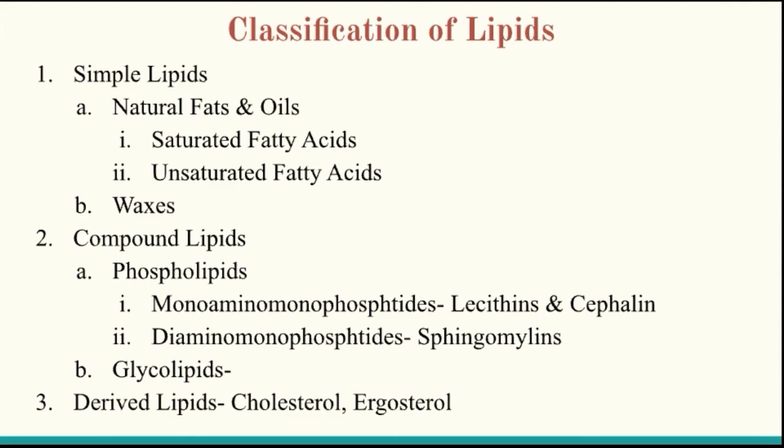The other subtype is the glycolipids. The third and last type is derived lipids, which include cholesterol, ergosterol, bile acids, sex hormones and adrenocorticoids.